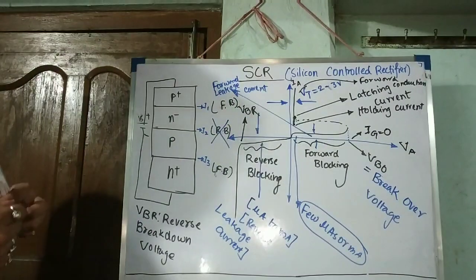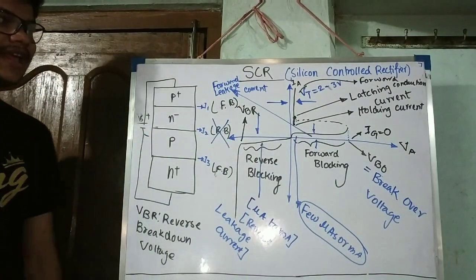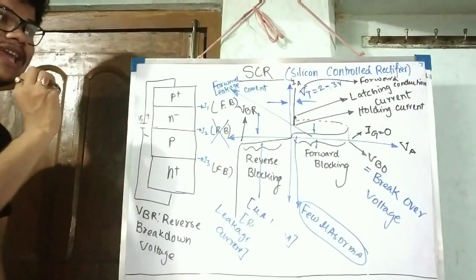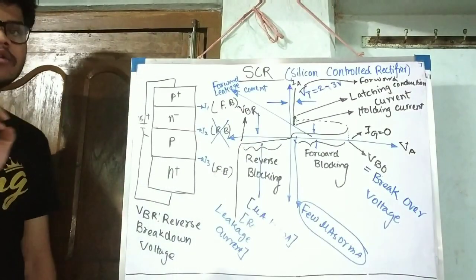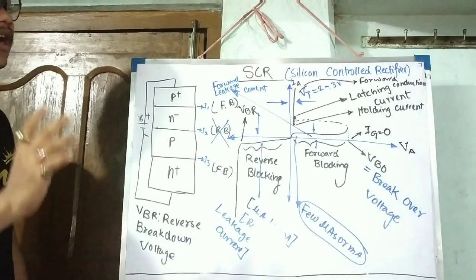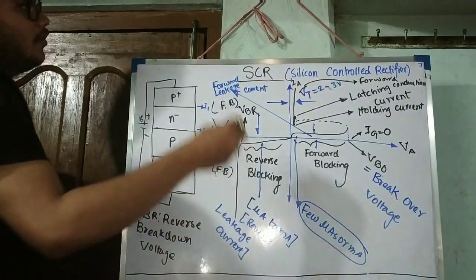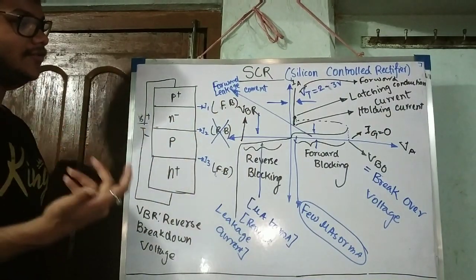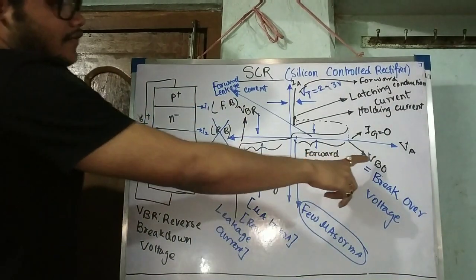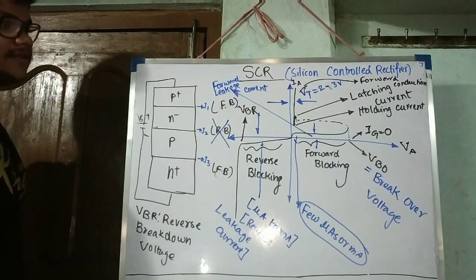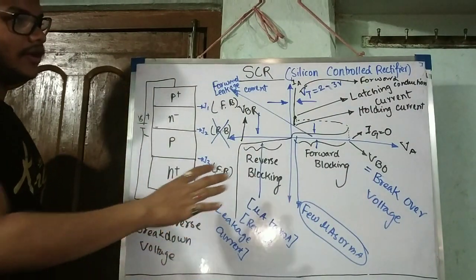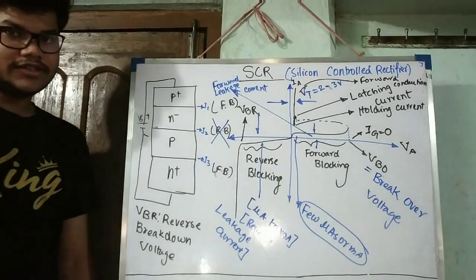Okay. Now we have analyzed the SCR VI characteristics without any gate signal. That means till now we have not applied any kind of gate signal. Now how is this forward conduction achieved? We have applied the VS in such a way that it reaches VBO, that means J2 is broken down and the thyristor starts conducting.